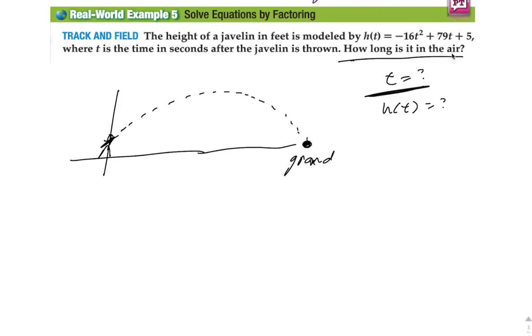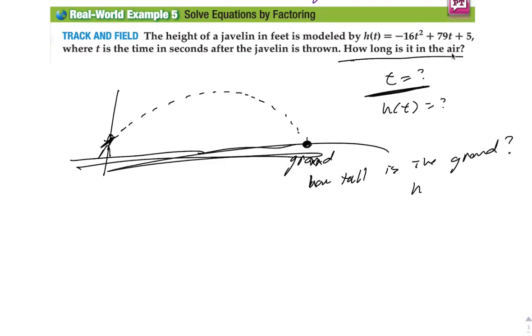So we've got to ask ourselves, how tall is the ground? And since it's the ground, we consider it 0. So we're going to set our equation equal to 0, because that's when it hits the ground after it's been in the air for so long.